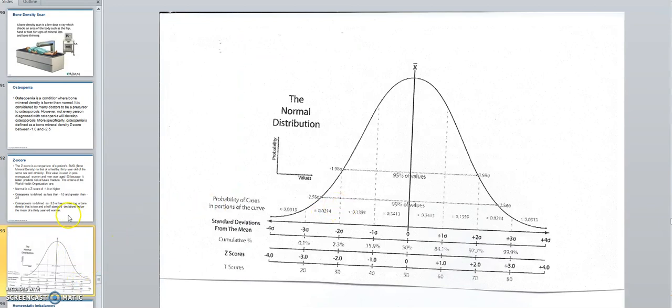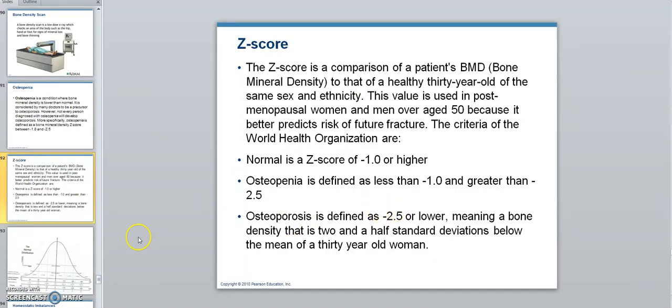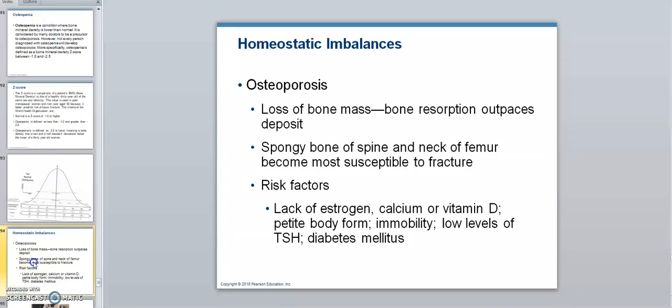And then if we get to porosis, it's even further out. It's much lower, so on this side here. So osteoporosis is loss of bone mass. Bone reabsorption outpaces deposit. Causes include lack of estrogen, particularly in females, calcium, vitamin D, and so forth.